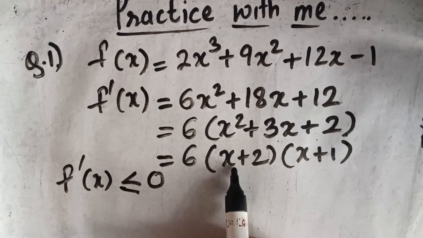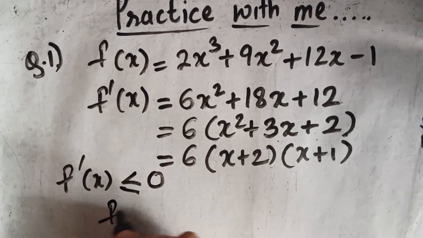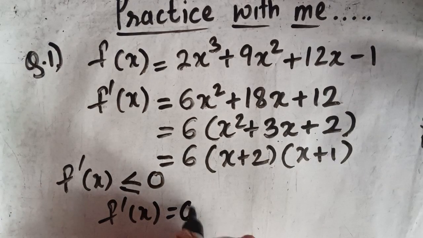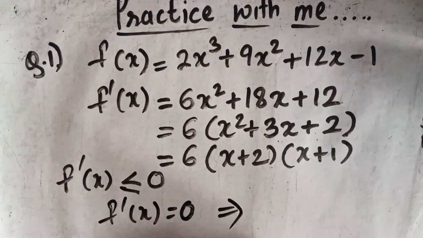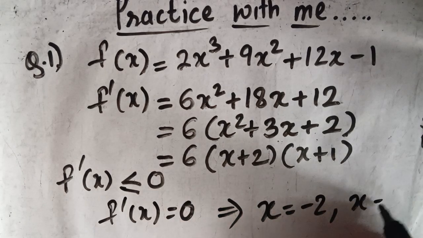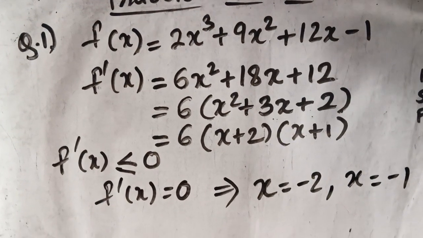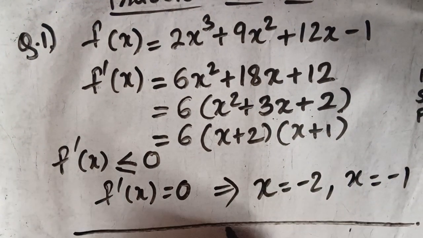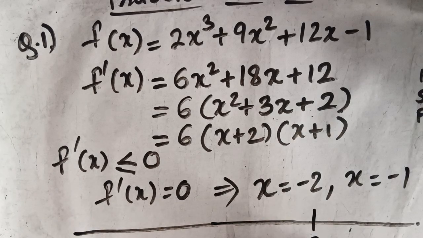If you take f dash of x equal to 0, you will get x equal to minus 2 and x equal to minus 1. Now drawing the number line: this is 0, minus 1, minus 2.